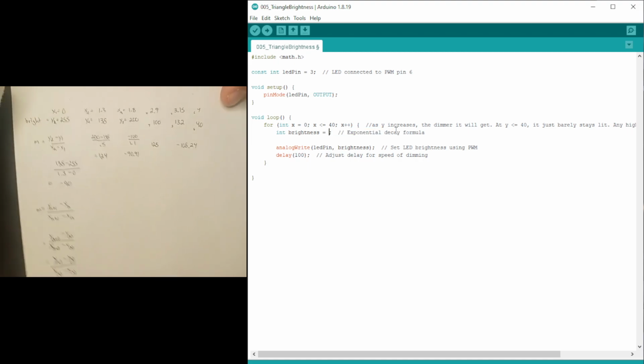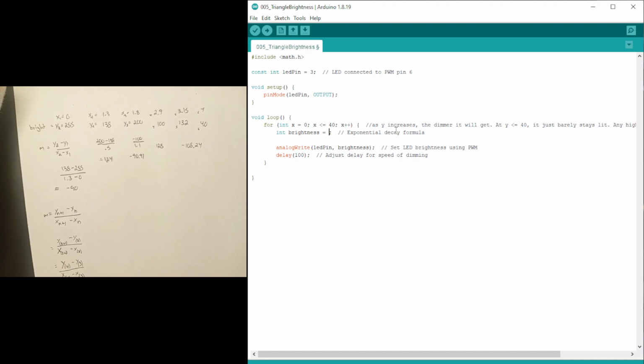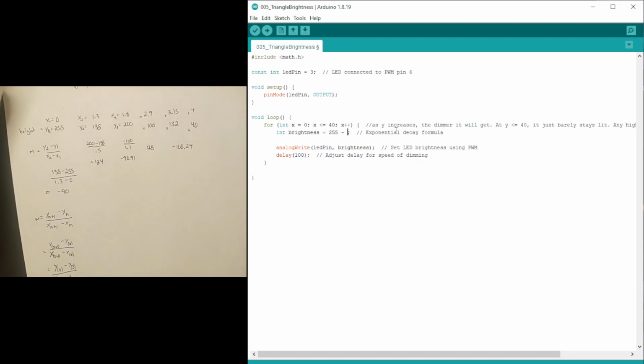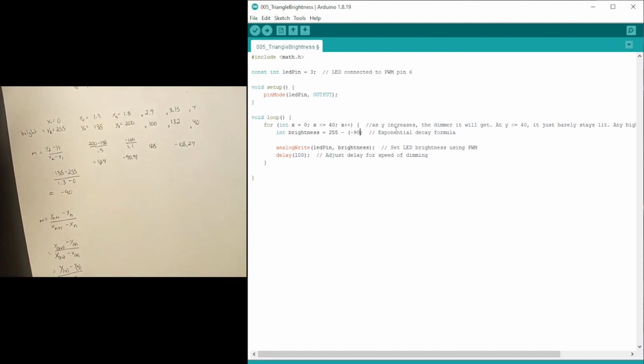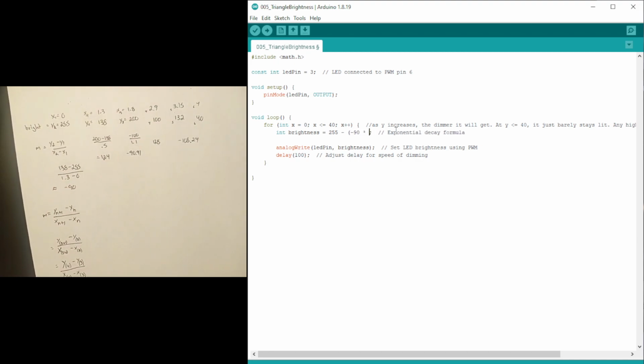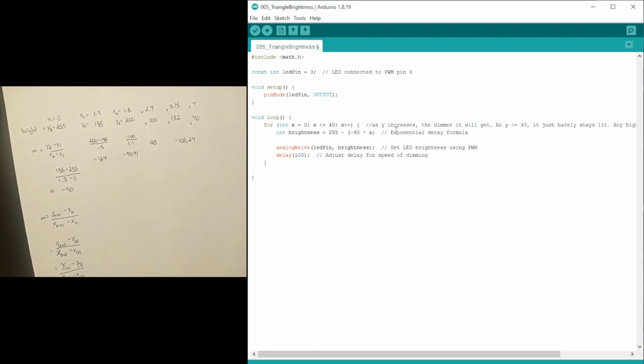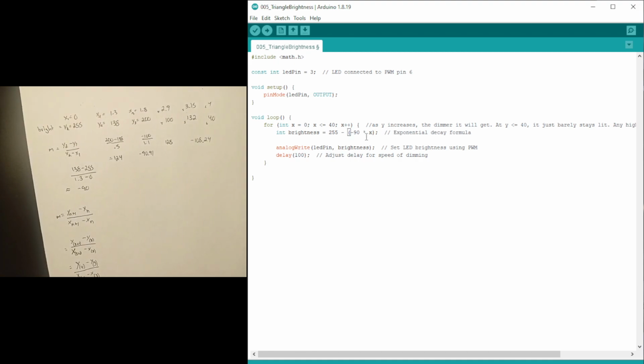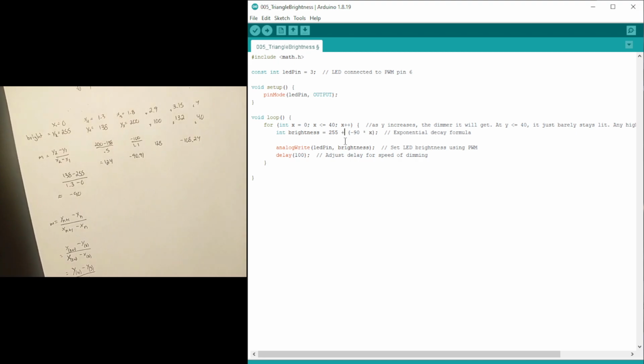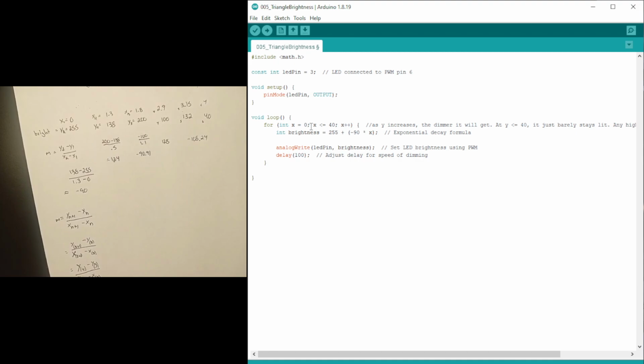So the first equation, y equals mx, we're going to start at 255 minus the m, which is 90, times x. Actually, this is a plus sign, and from 0 to 90.